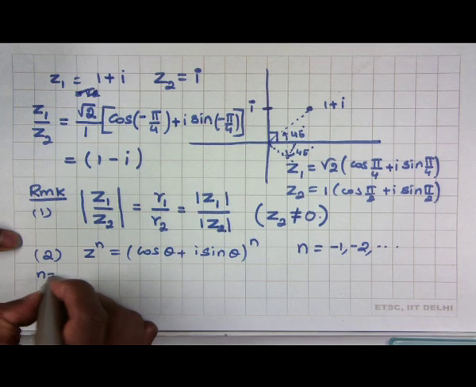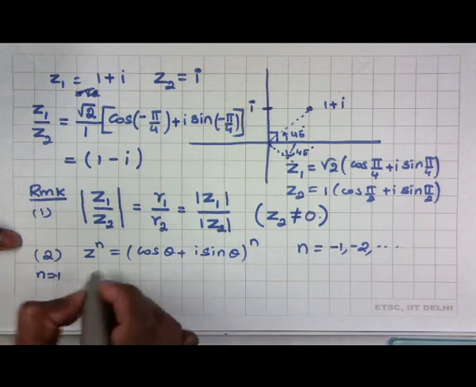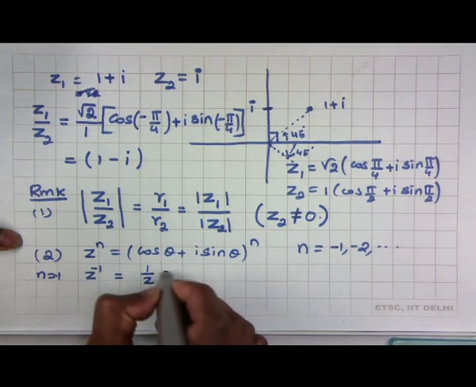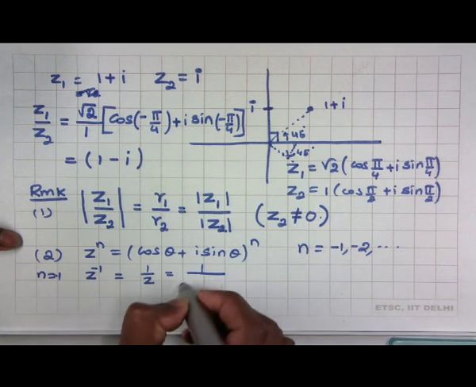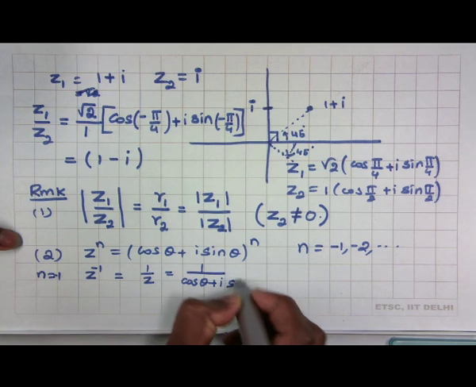Take n equal to minus 1. It means that z power minus 1, that is 1 by z, which means that you divide by cos theta plus I sin theta.